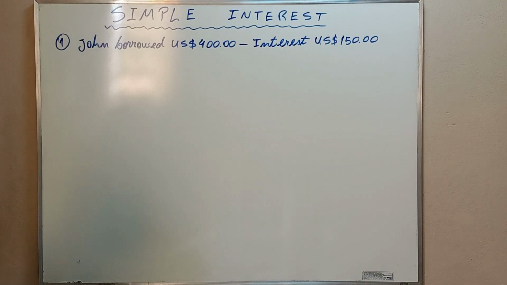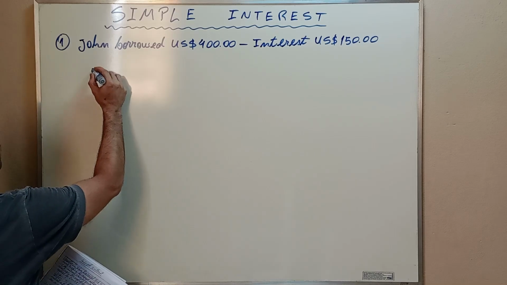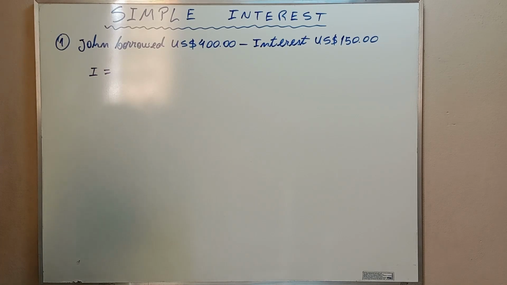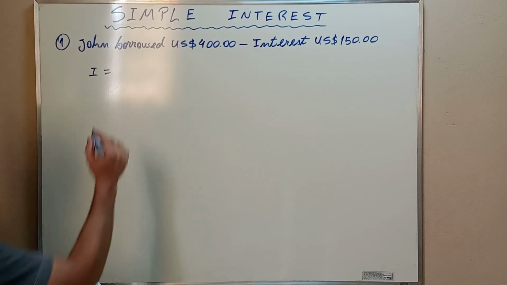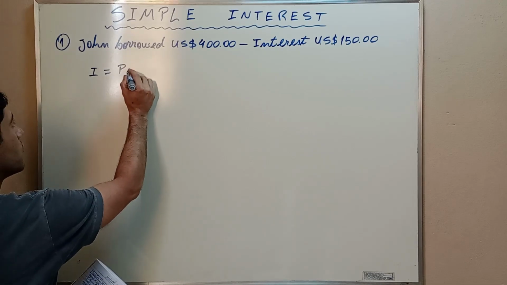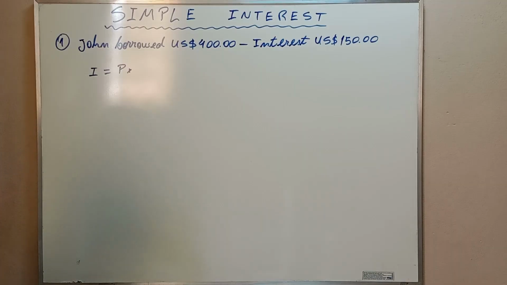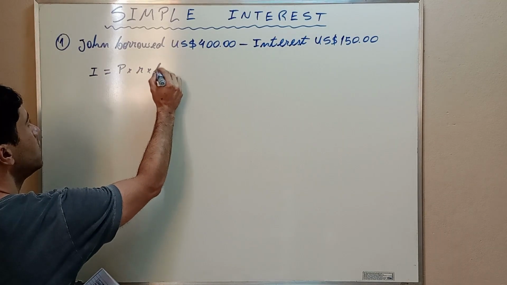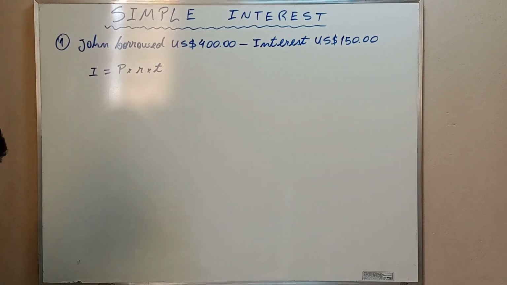We use the formula for the simple interest. What is the formula for the simple interest? It is interest is equal to the principal times the interest rate times the time.